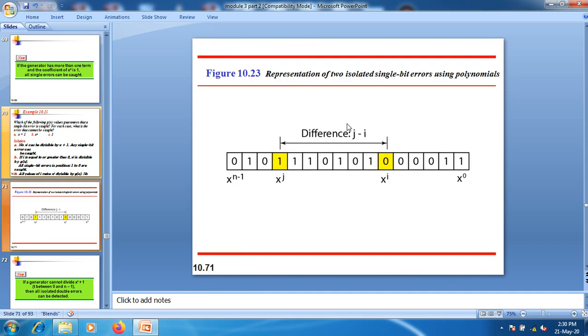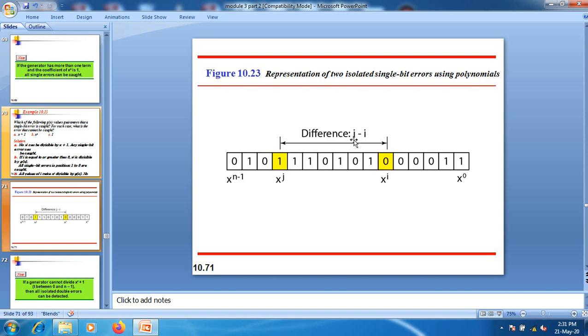Here we are interested in detecting two isolated bit errors. Here we have two bits that are corrupted. The ith bit is a corrupt one, and this jth bit is also a corrupt one, denoted by x to the power j. I am trying to define e of x as x to the power j plus x to the power i here.